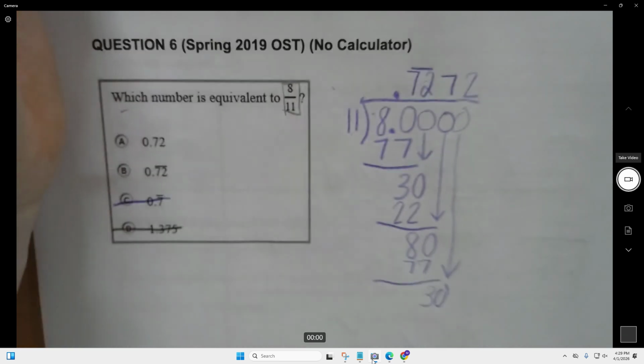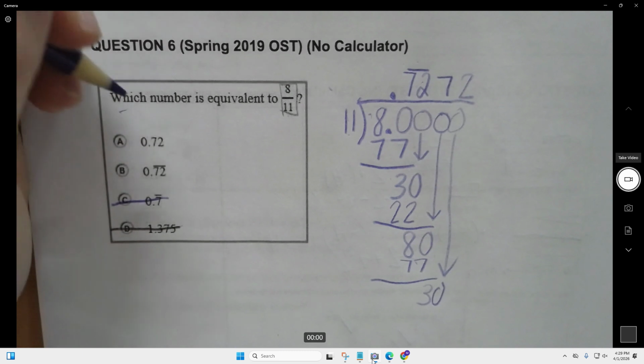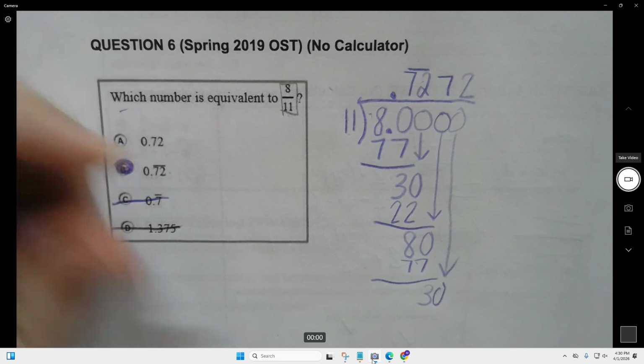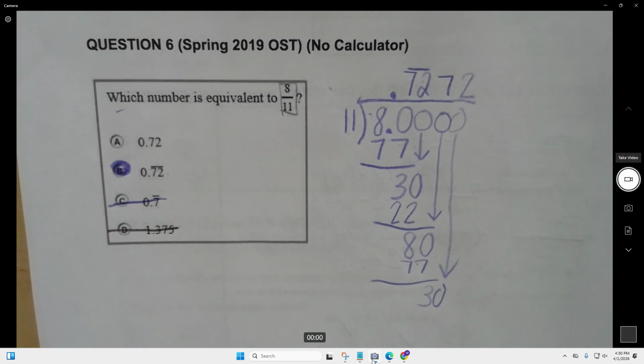That bar means that 7 and 2 will repeat forever. That matches choice B. Choice A assumes that it's 0.72 and then it just stops, which is not the case.